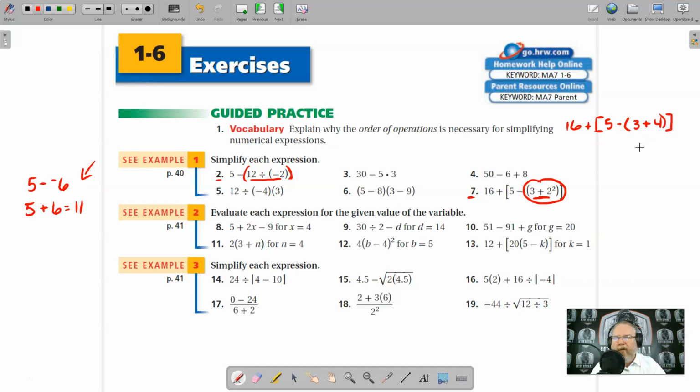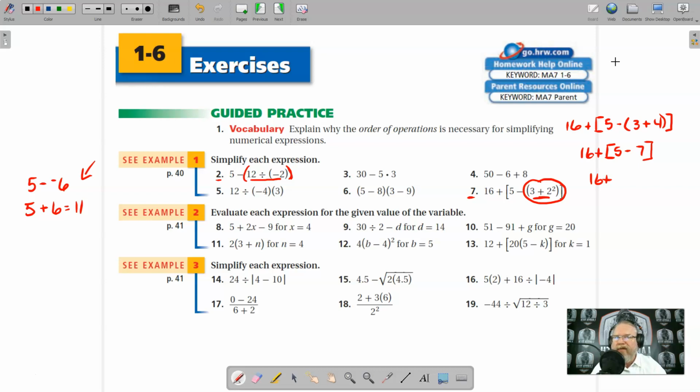Now I need to continue to work from the inside out. So let's bring down the 16 plus the bracket, 5 minus, now 3 plus 4 is going to be 7. I still have my bracket. Now bring down my 16 plus, let's do 5 minus 7. Well, 5 minus 7 is going to be a negative number because I'm subtracting more than I have.